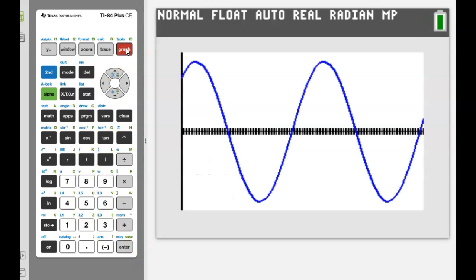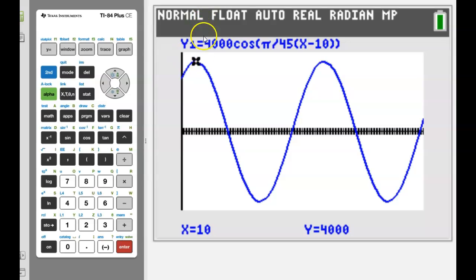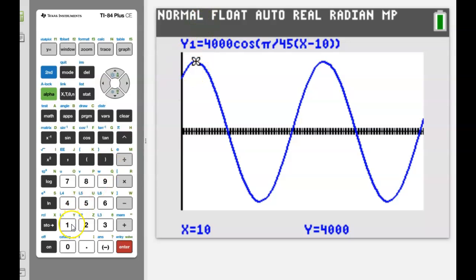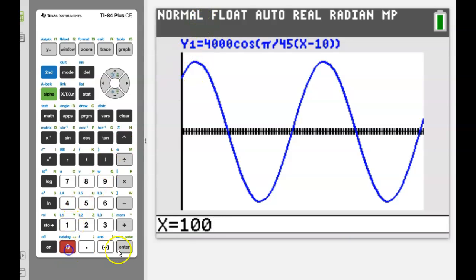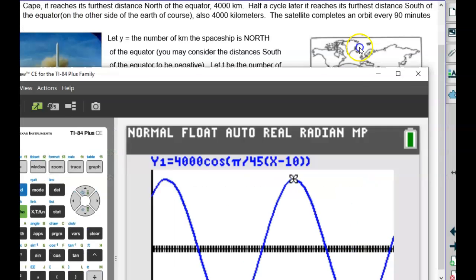All right. So 10 minutes in, I'm going to do trace 10. It's supposed to be 4,000 above. And 90 minutes later, which would be 100 minutes after it's fired, it's back at 4,000 north of the equator. Does that seem okay? So my equation is working.